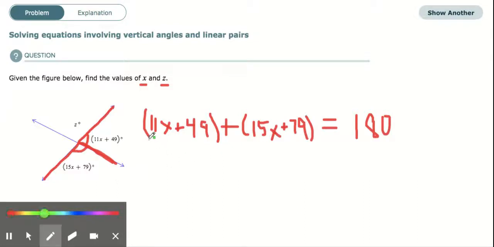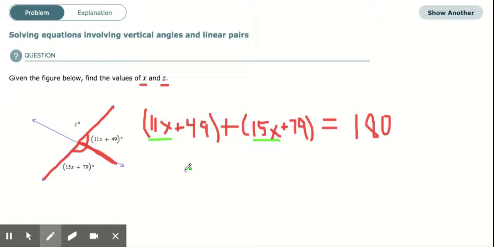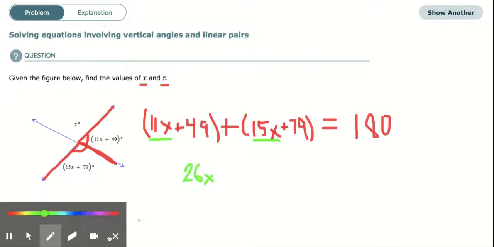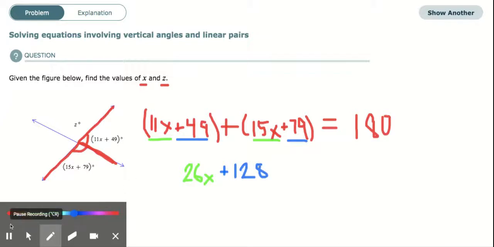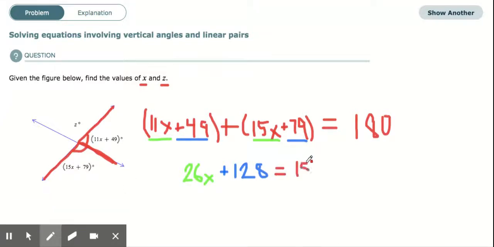We have 11x and 15x, which makes 26x. And then we have 49 and 79. Well, let's think about this as 50 plus 80 and then take away 1 from each. So 50 plus 80 would be 130 minus 2 is 128. And that, if we add that up, that's equal to 180 because they make a straight line together.